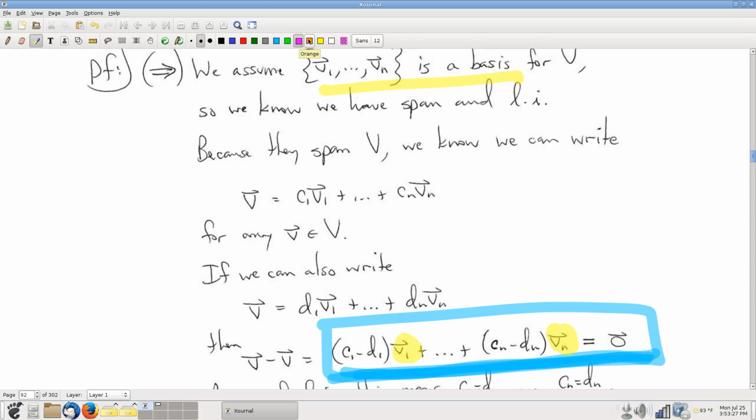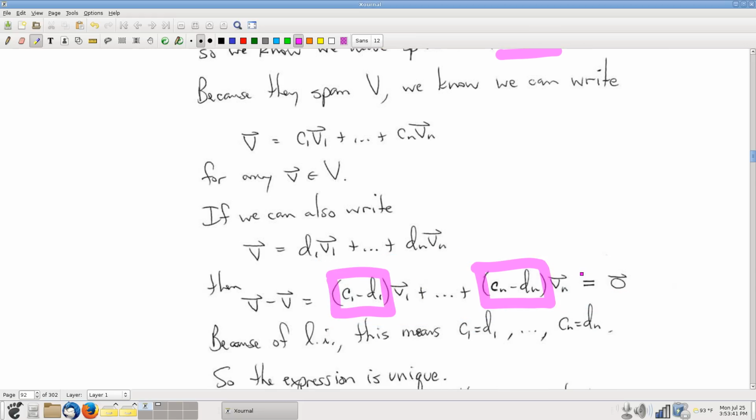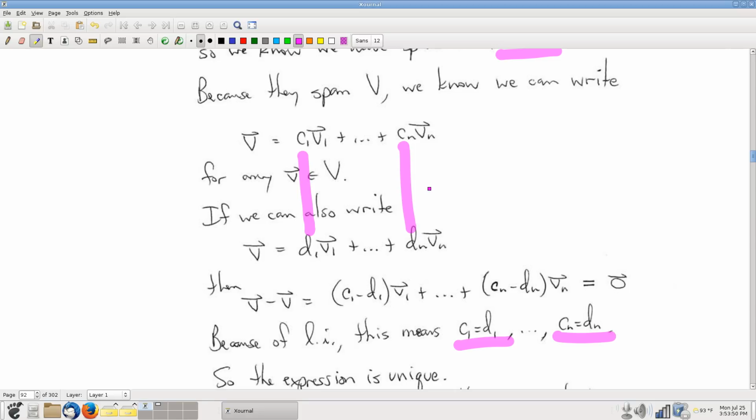And these being a basis, this list of vectors is independent, and that means that these coefficients must be 0. Independent means the only relation is the trivial relation.